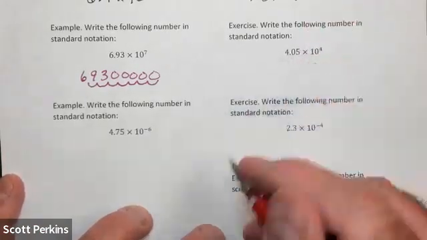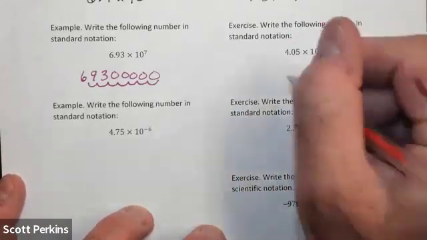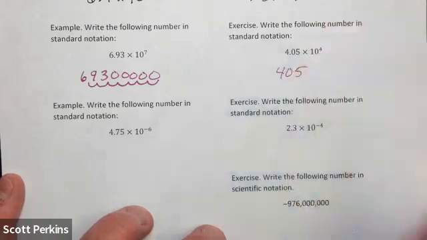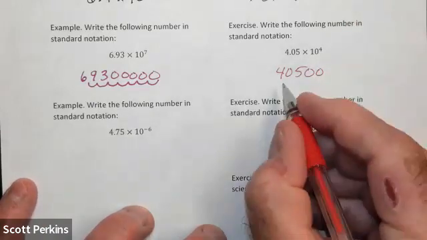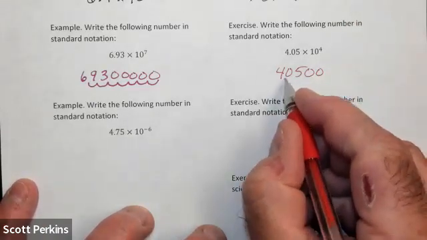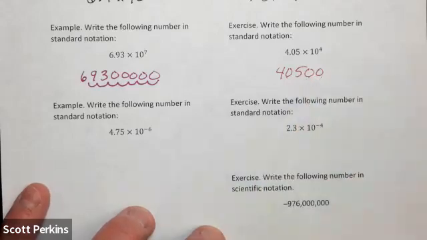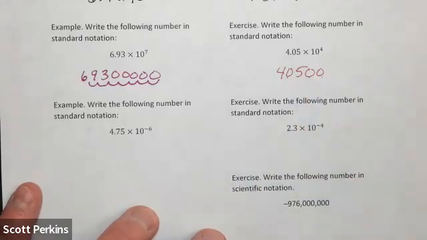So I'm going to take the 4.05, get rid of the decimal, just write 405. And how many zeros do I need to add on to the end of that? 2. So I should have 4 places after the 4. So 1, 2, 3, 4. There they are. Does that seem pretty reasonable?